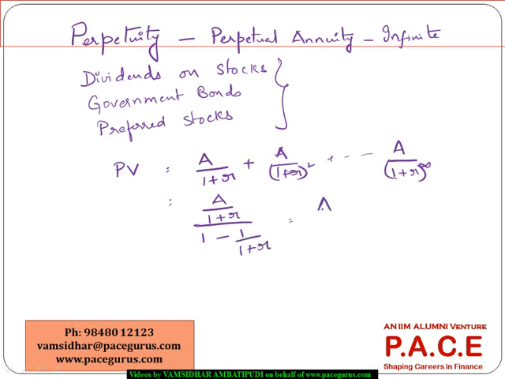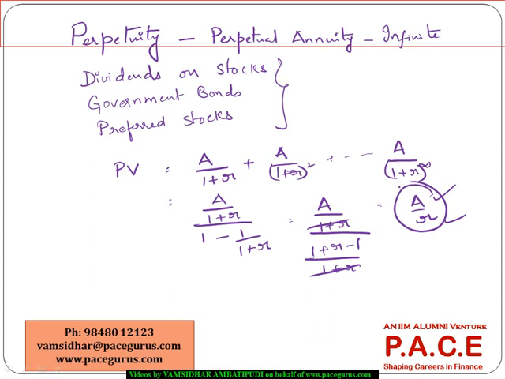So it comes out as A divided by 1 plus R, divided by 1 minus 1 by 1 plus R. So it's coming out as A divided by R. A is the annuity amount and R is the annual rate of interest. So this is an expression giving me the present value of the perpetuity.